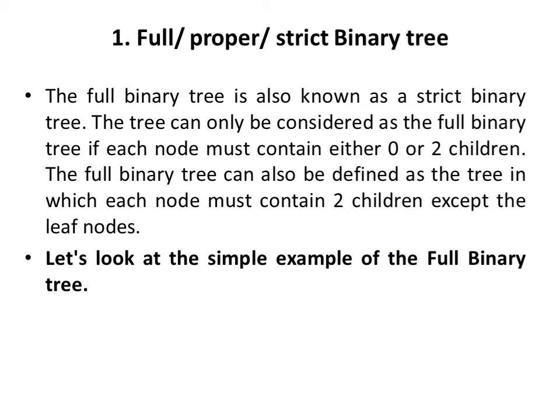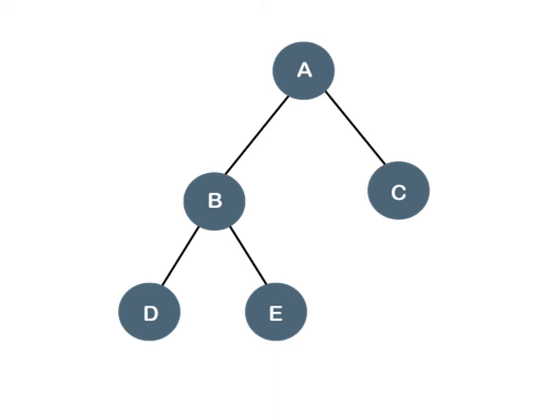It should have 0 or 2. Then we will call it a full or strict binary tree. The full binary tree can also be defined as the tree in which each node must contain 2 children except the leaf nodes. Here I will go through an example.